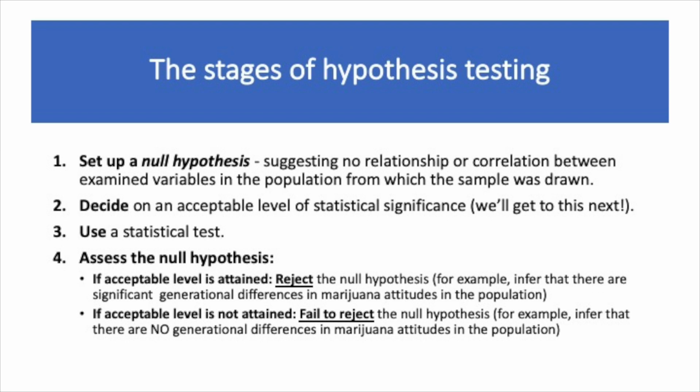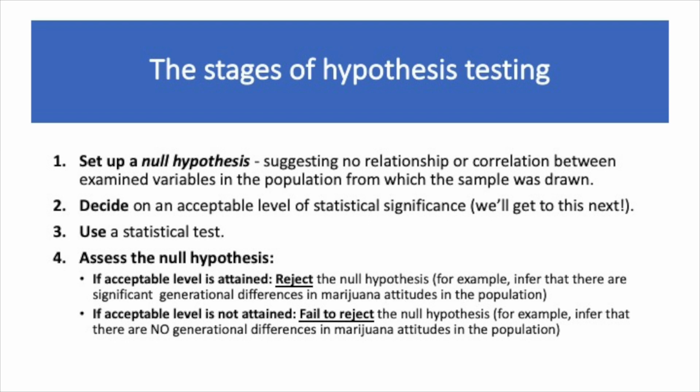Then we're going to, step 2, is deciding on an acceptable level of what we call statistical significance. We have not gotten to this yet. We're going to get to it in the next few slides after this one, okay? So just hold on to that idea that this is a stage of hypothesis testing. We'll get back to it.